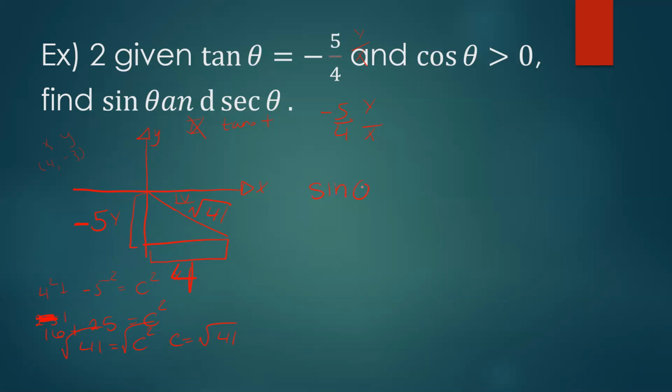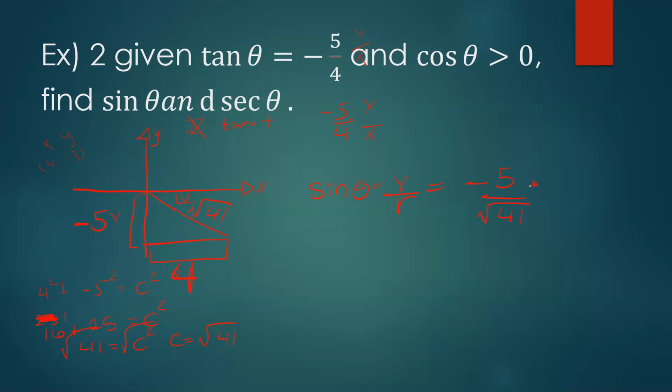So what is sine theta? It's y over radius. So what's my y value? It's negative 5 over my radius, which is radical 41, right? The thing is, you can't have a square root in the bottom, so you want to rationalize the denominator.